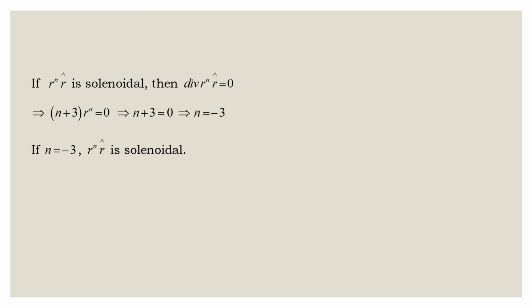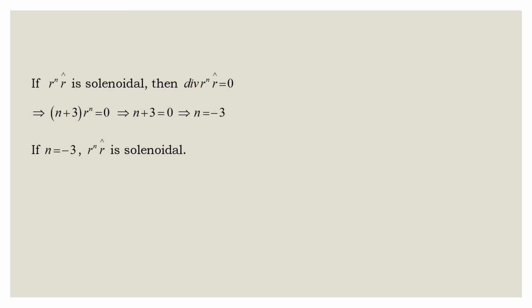So, this equation gives us (n plus 3) times r^n equals 0. But one more assumption is r must not be 0.